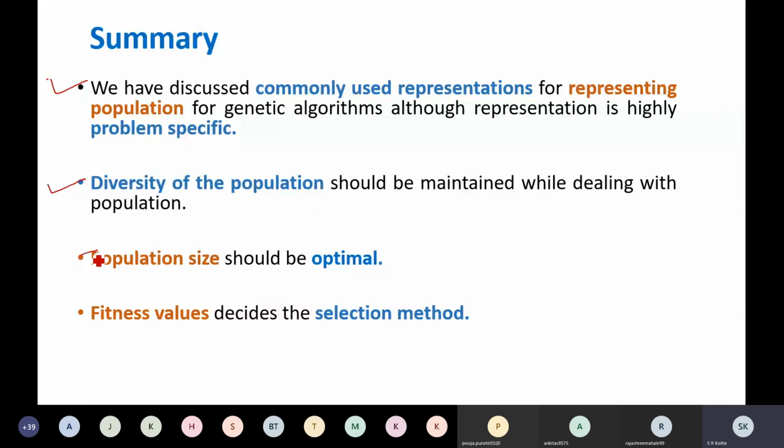Population size should be optimal. Fitness values are used for deciding the selection method. All these techniques, except the last, random selection, which is not generally used, use fitness value directly or indirectly to select the better chromosome.